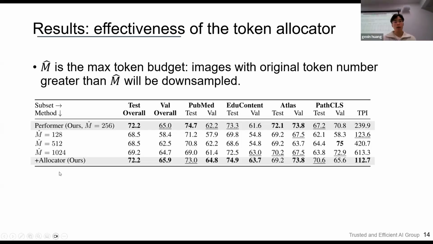And after that, if they utilize the allocator, which means they don't have such a max token budget, the model will dynamically allocate the token budget.